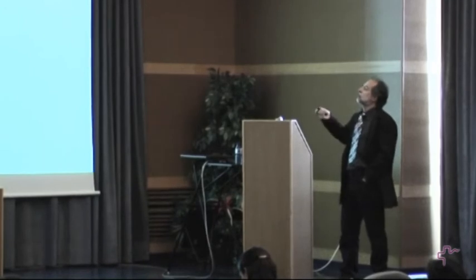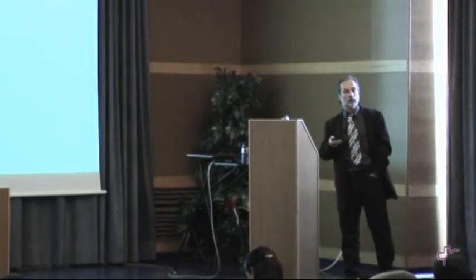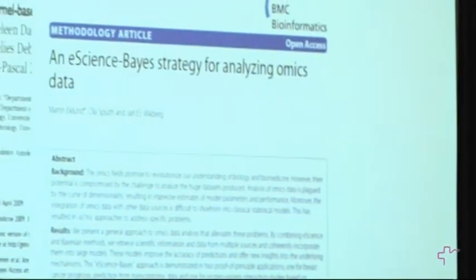For instance, a completely different approach is to use a Bayesian approach, where we have prior information, we have observed data, and we use the Bayes theorem to make a posterior distribution on which we base the inference and the models.